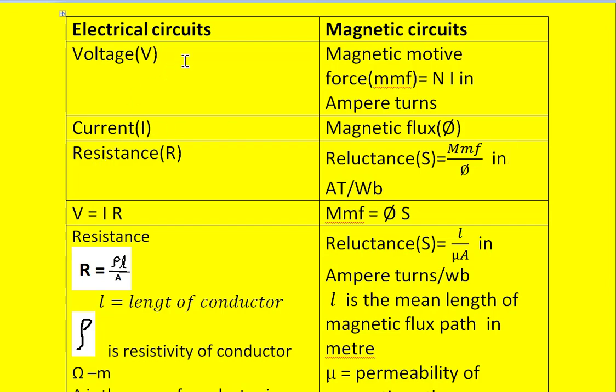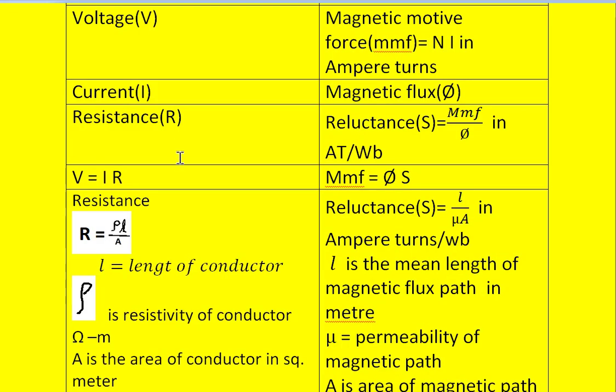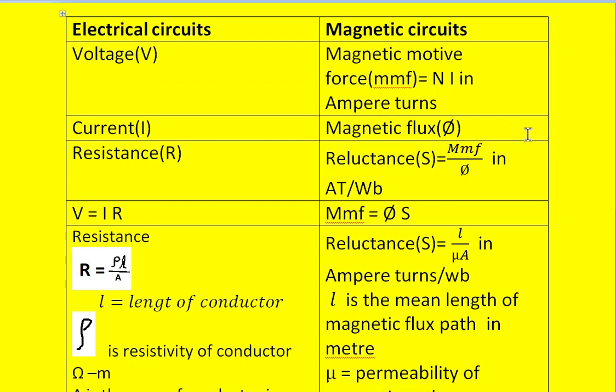Similarly, resistance in electrical circuits opposes the flow of current. Whereas in magnetic circuits, the similar term is reluctance. This reluctance opposes the flow of flux in the core.